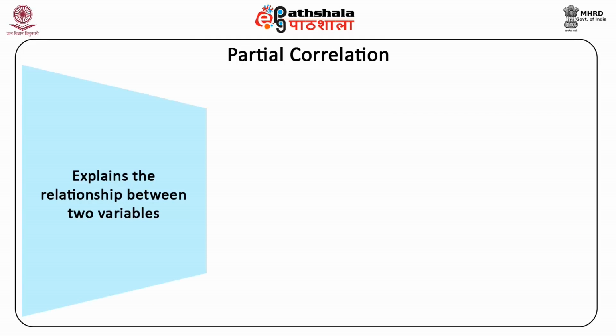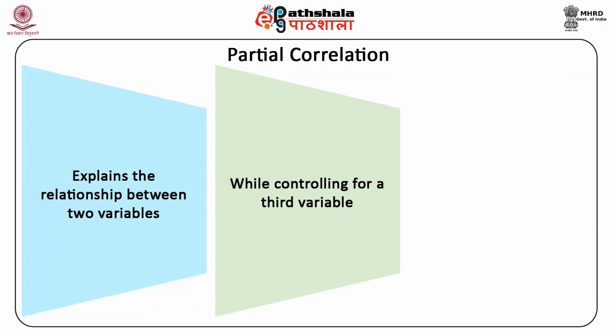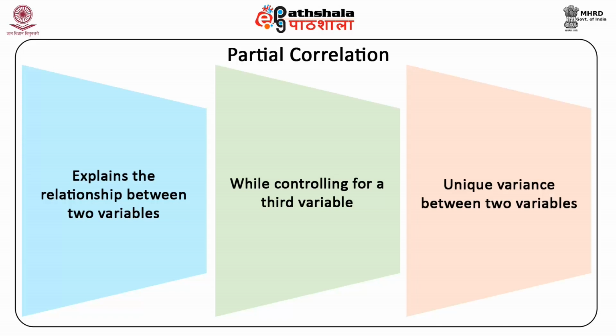Partial correlation explains the relationship between two variables while controlling for a third variable. The motive is to find out the unique variance between the two given variables, simultaneously eliminating the variance from the third variable.